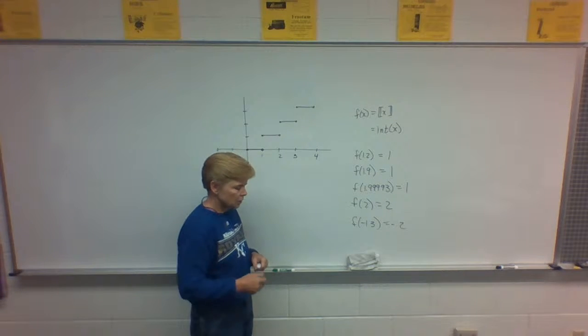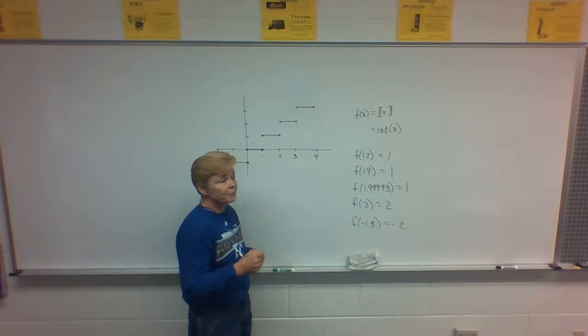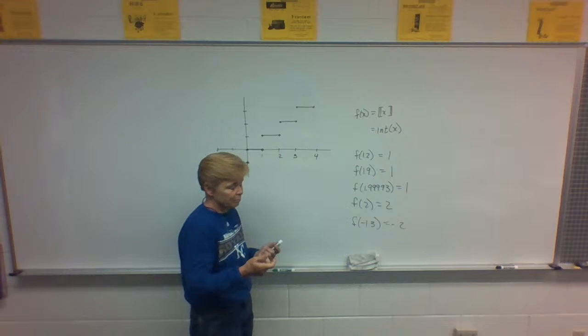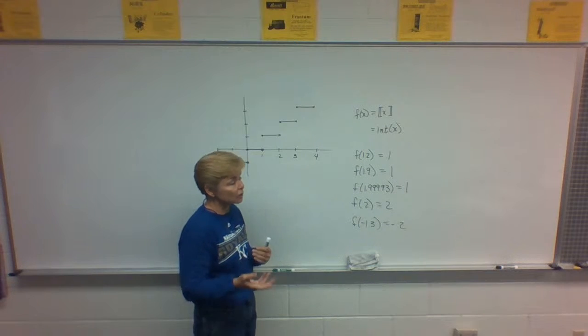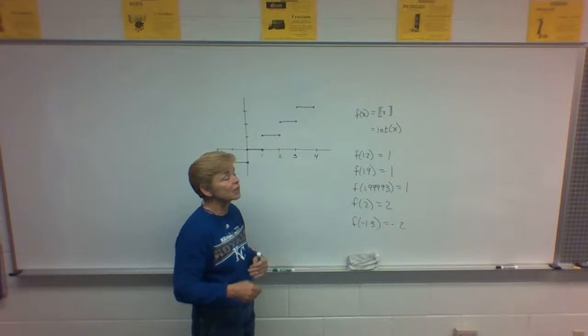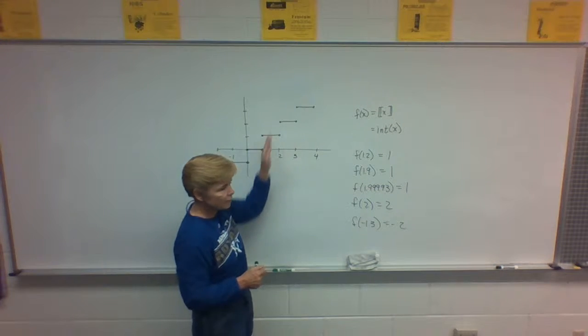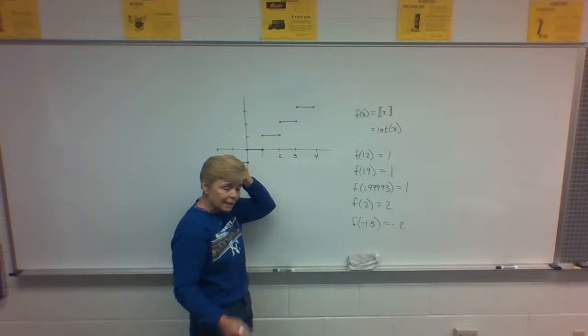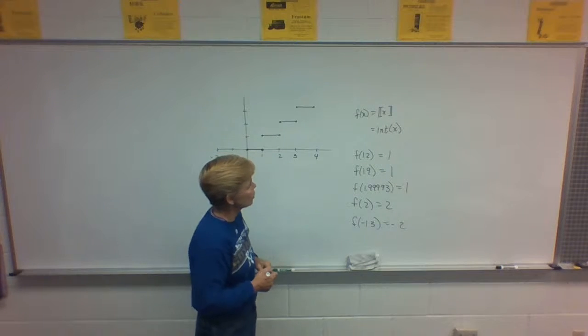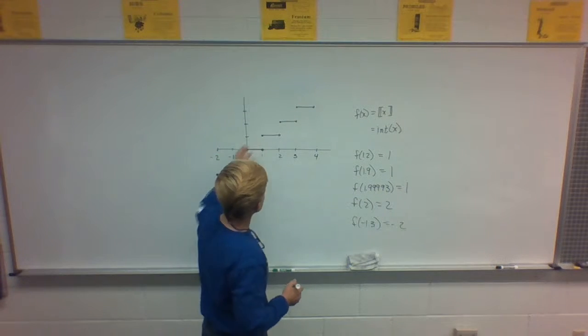You stuff more than that in, and it weighs 1.2 ounces, now it's going to cost you an extra dime. So now we're up at 68 cents. If it's 1.8 ounces, it's still 68 cents. If it's 1.9 ounces, it's still 68 cents. Get 2 ounces, now you've jumped up another 10 cents. You know what I'm saying? That's how stuff like this works, and it shows up more often than you think, as the greatest integer function.